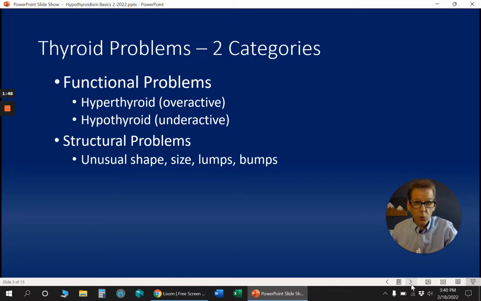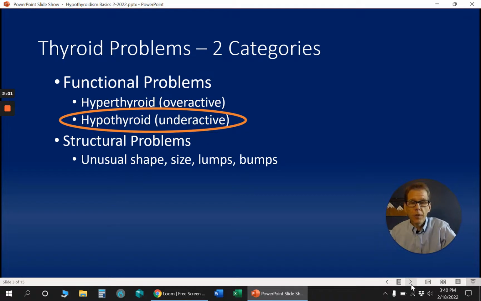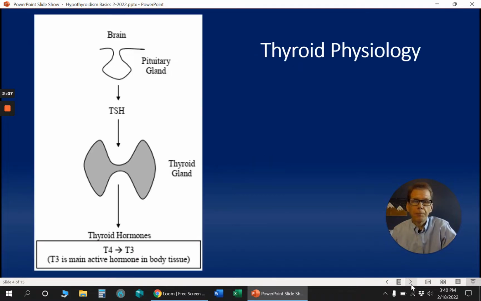And there can be structural problems, unusual shape, size, lumps, or bumps. And people can have one category or the other category or both categories, or if thyroid's perfectly normal, obviously neither category. And so this training, again, we're going to focus in on the underactive thyroid, what we call hypothyroidism.